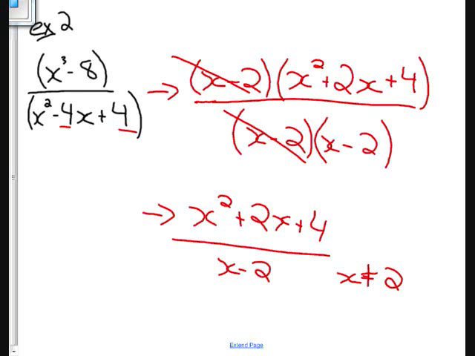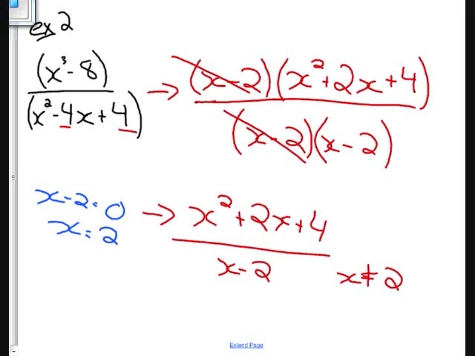When we look here, we have our factors on the bottom. We want the numbers that are going to make the bottom equal to 0. So we take each one of these and set it to 0. We solve for x, and what do we get? x equals 2, because that will make the bottom 0.